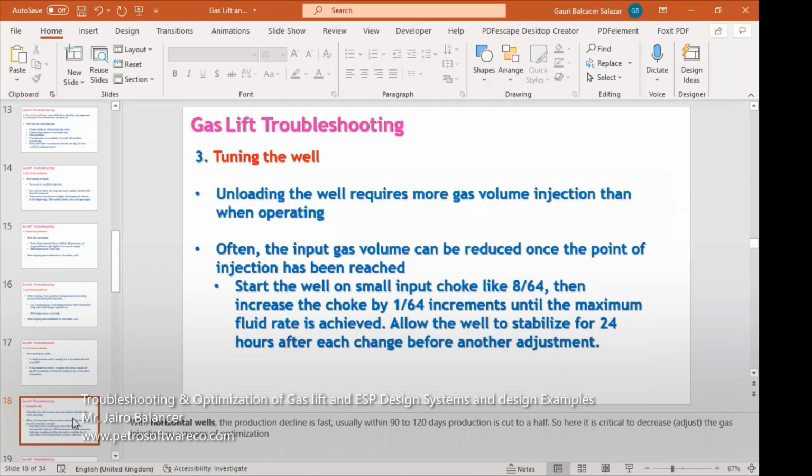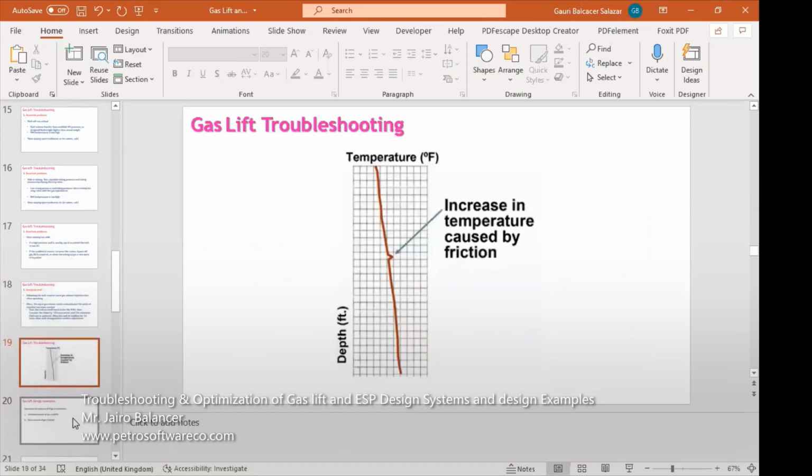The recommendation is to start the well on a small input choke, like 8/64s, then increase by 1/64 increments until the maximum flow rate is achieved, allowing 24 hours after each change before making another change.